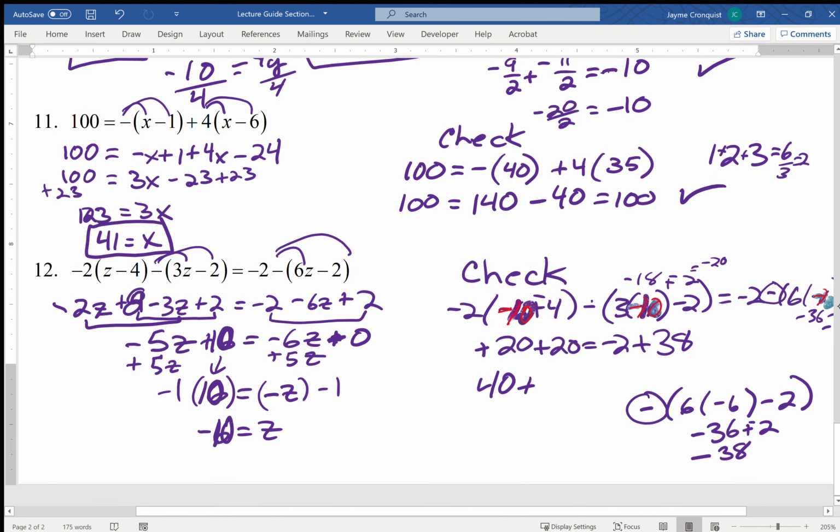Okay, so minus 10 and minus 4 is minus 14, times 2 is 28. So this is 28. Negative 30 and a negative 2 is negative 32, so it's plus 32. 28 plus 32 is actually 50.